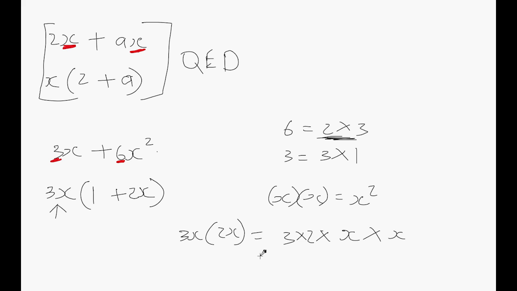Okay, so 3 times 2 is 6, and that is being multiplied by x times x, which is x squared, so that's 6x squared. If we expand this bracket, we will get back 3x plus 6x squared. 3x times 1 gives us 3x, check, and 3x times 2x gives us 6x squared.